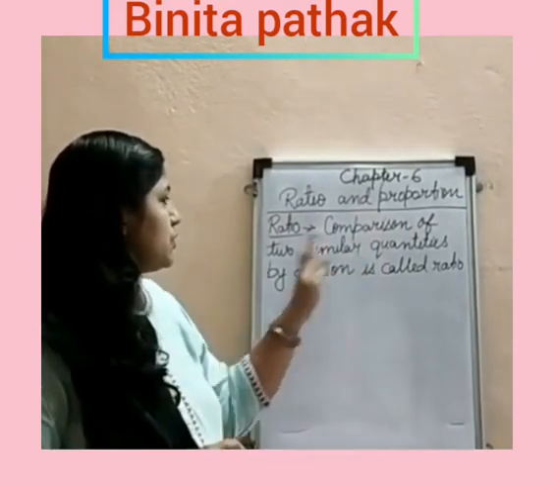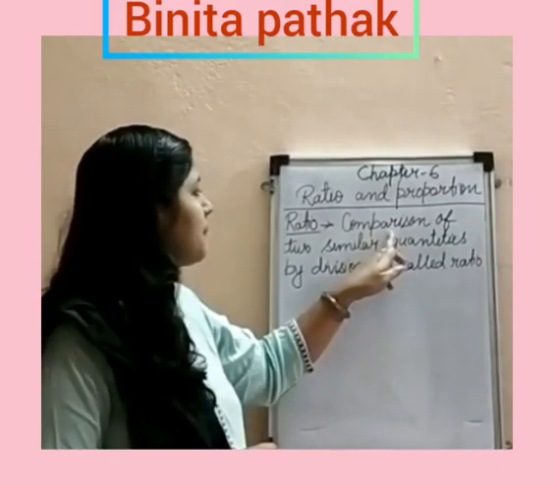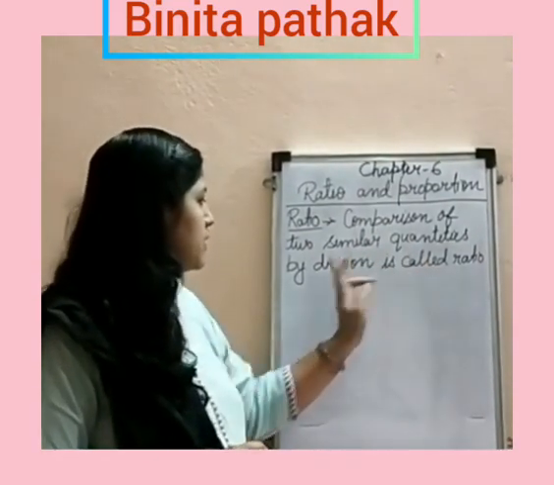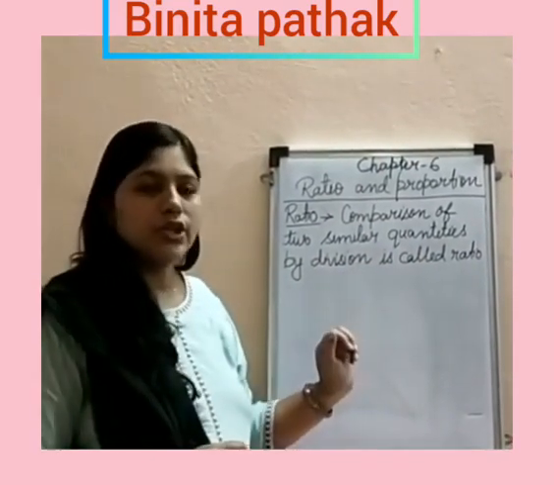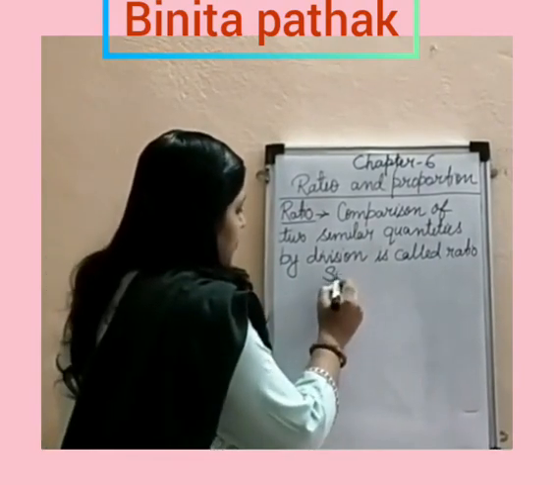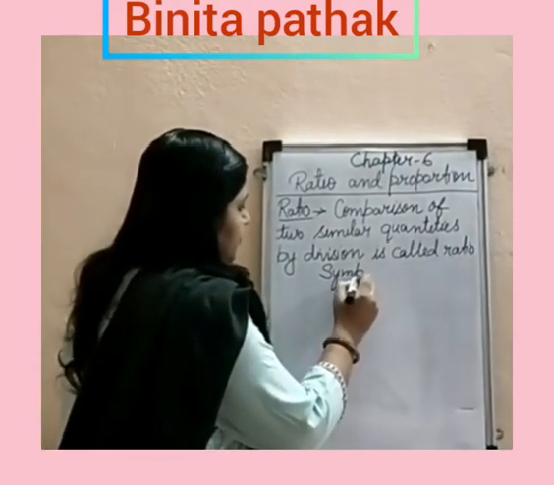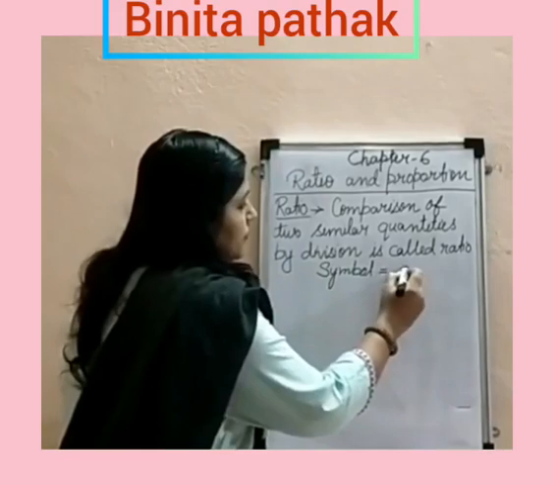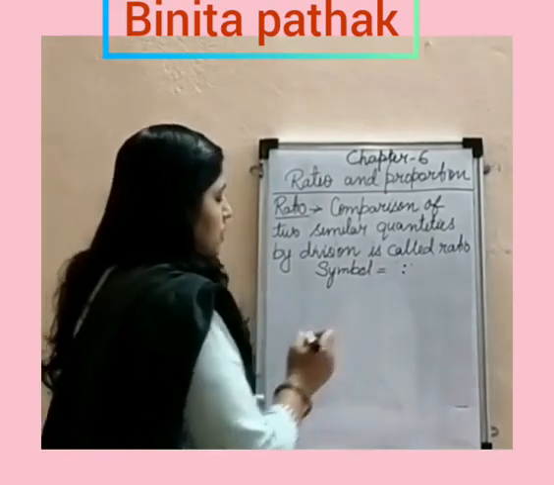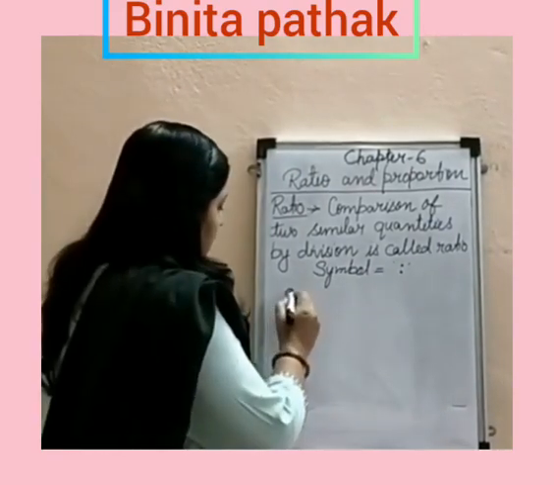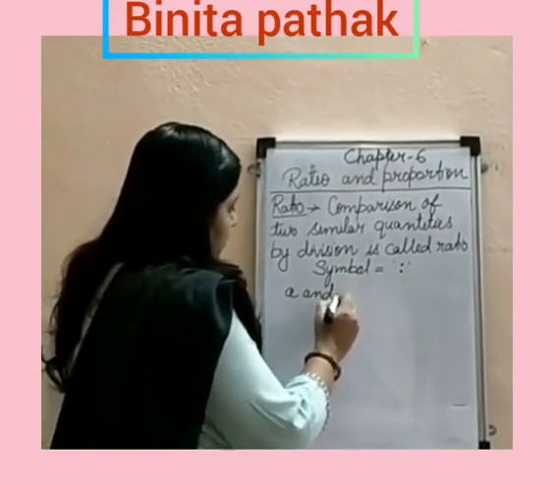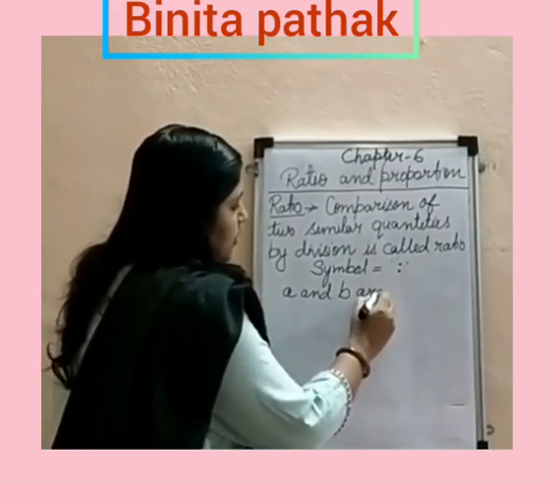Ratio and proportion. The definition of ratio is comparison of two similar quantities by division is called ratio. The symbol of the ratio is the double dot. Suppose A and B are two similar quantities.